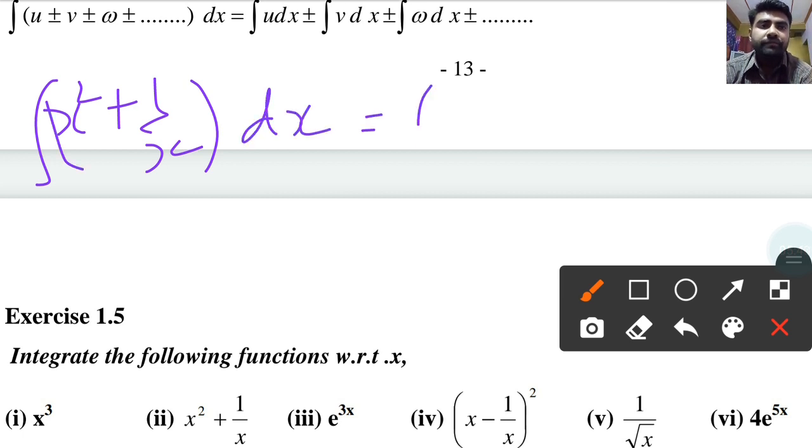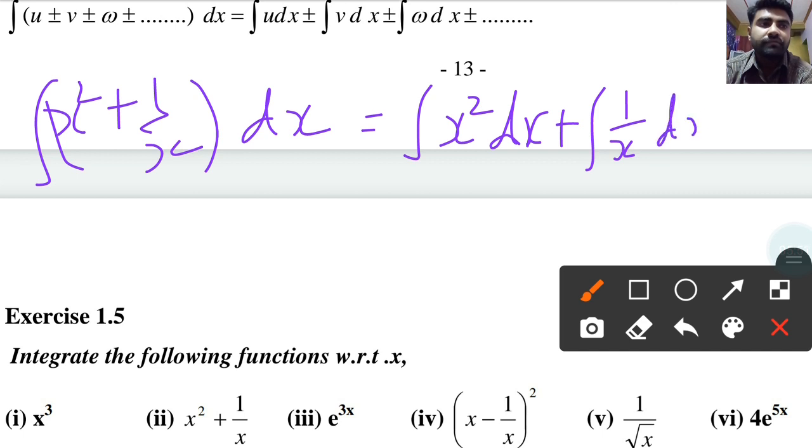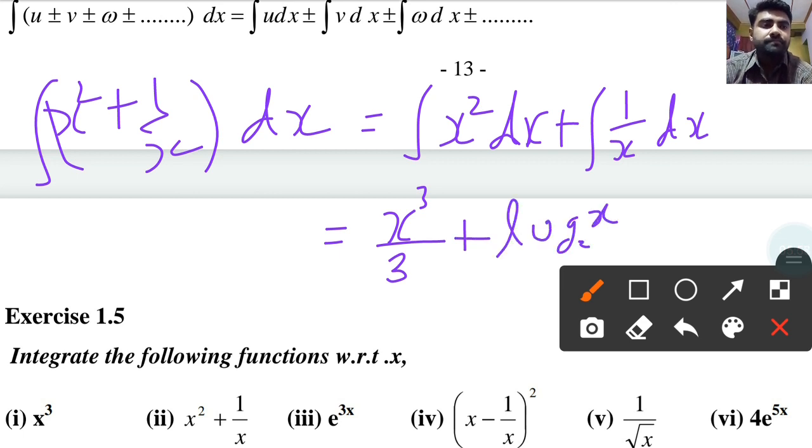So integration of x square dx plus integration of 1 upon x dx, right? So it is equal to x cube by 3 plus log x base e. So that is the solution of the second equation.